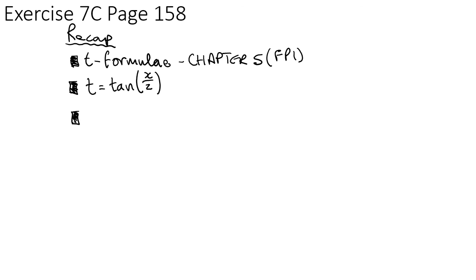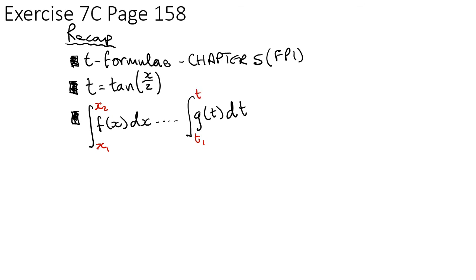Remember that you'll need to substitute everything, so everything is in terms of t. You'll start off with something in terms of x, dx. You want to change that to something in terms of t using this substitution. If we have any limits, those limits need to be substituted as well.